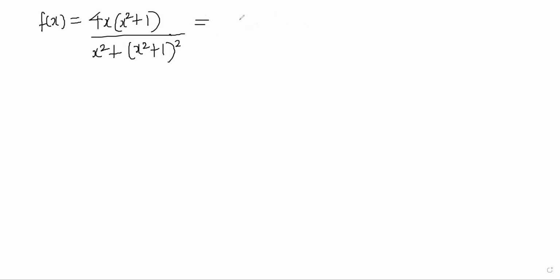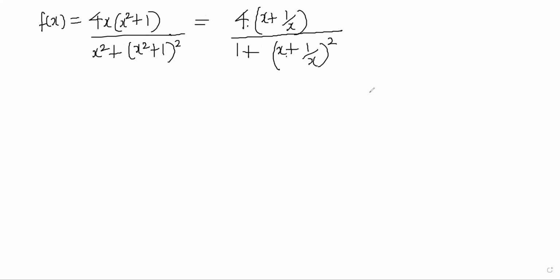If we divide, we get 4(x plus 1 by x) by (1 plus (x plus 1 by x) whole square). Now we can take x plus 1 by x as t. So this is 4t by 1 plus t square. And now you can do calculus, or you can do whatever calculation you want.